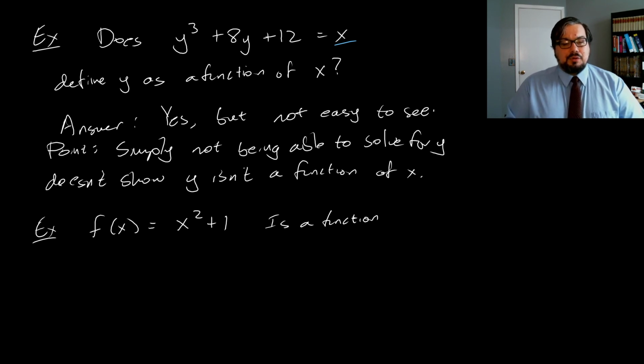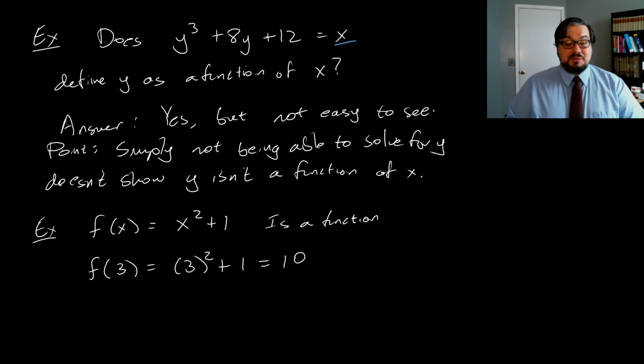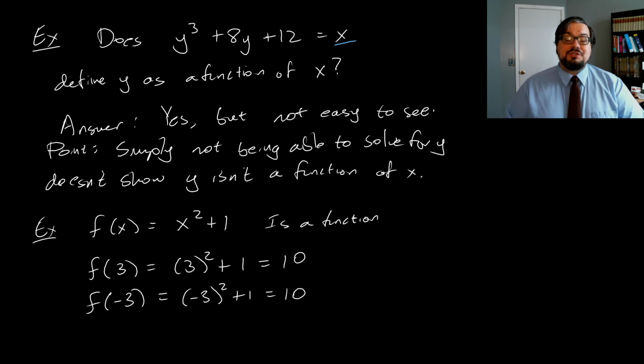And notice that we have that f of 3 is equal to 10. We saw that last time, but let's see how that goes. It's 3 squared plus 1. 3 squared is 9, plus 1 is 10. Also, f of negative 3 is negative 3 squared plus 1, which gives us also 10, because negative 3 squared is 9, and 9 plus 1 is 10.